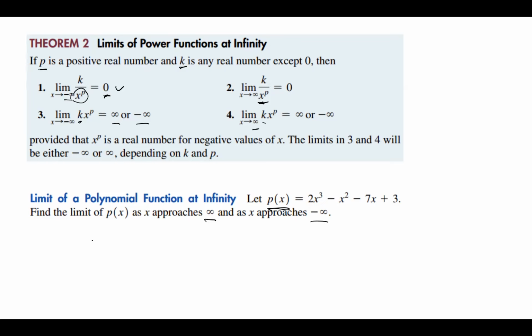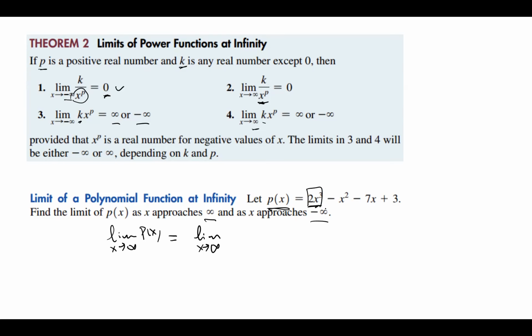So let's look at the case when we have the limit of p of x when x goes to infinity. We need to apply some transformation here. We just write x equals positive infinity, and this is the so-called leading term of a polynomial function, which is p of x.